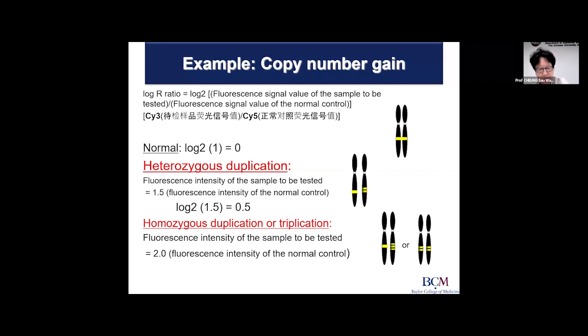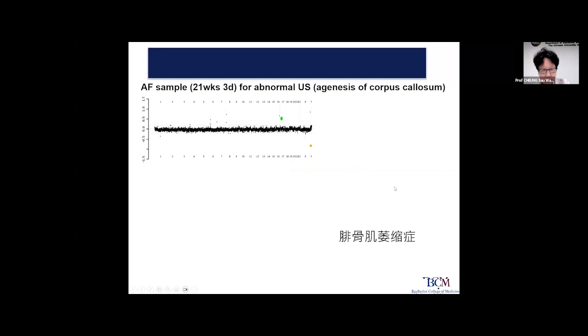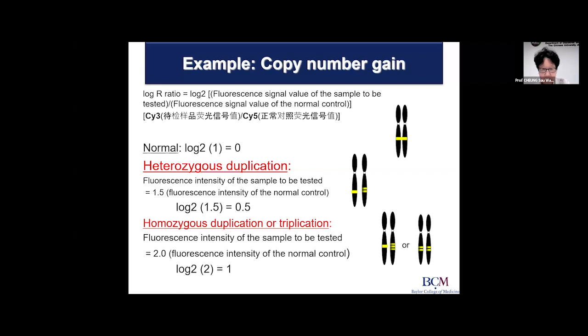Then you will have your 2 scenarios. You could have 1 chromosome normal, and then 3 copies on this side, or you could have both chromosomes duplicated.